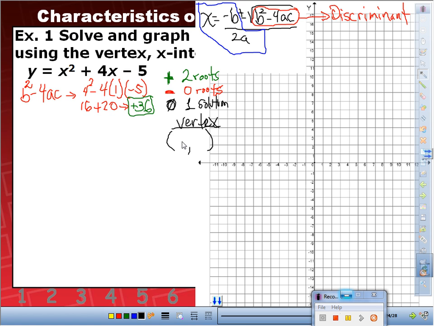To find the x value of the vertex, I'm going to use the first part of the quadratic formula, the one that says x equals minus b over 2a. You see this piece? And we're going to find x. Do you see that it says x equals? Yes, that's how we find the x value of the vertex. So check this out. What was b? 4. So this is negative 4 over 2 times, what is a? 1. This becomes negative 4 over 2, which is negative 2. So that's my x value.